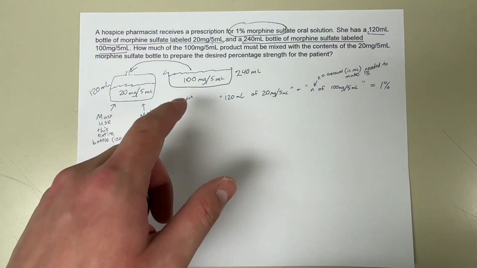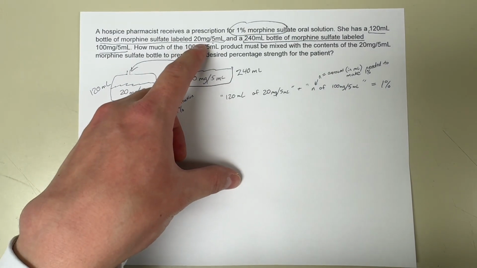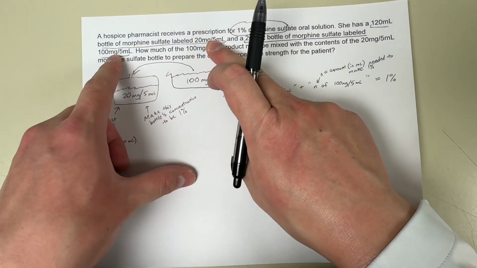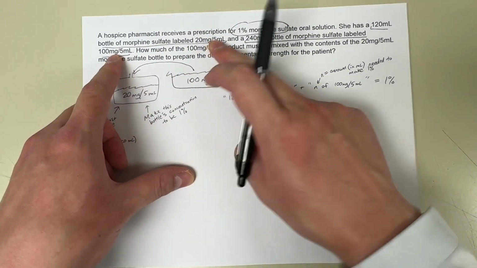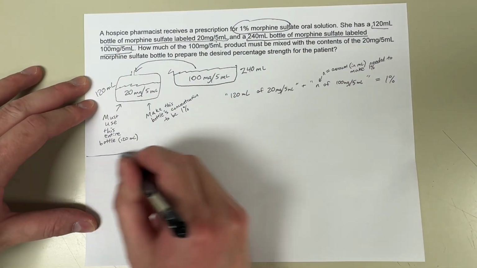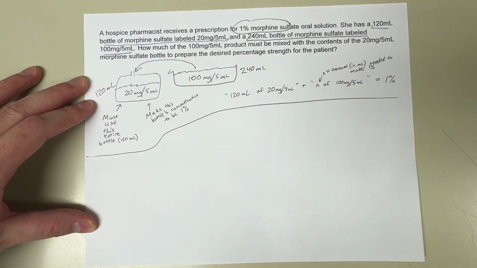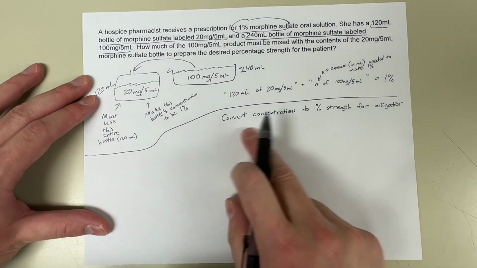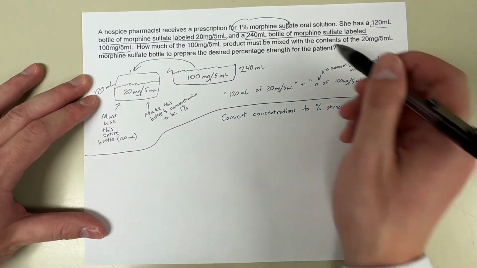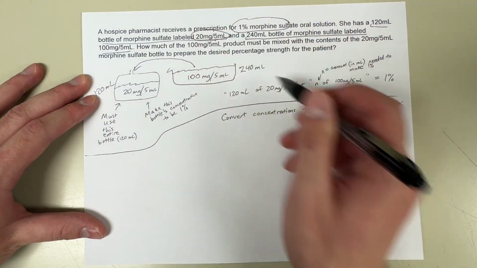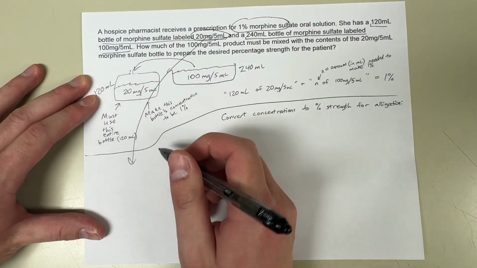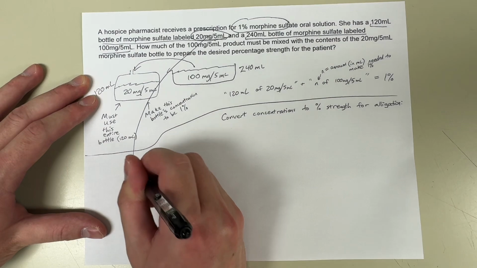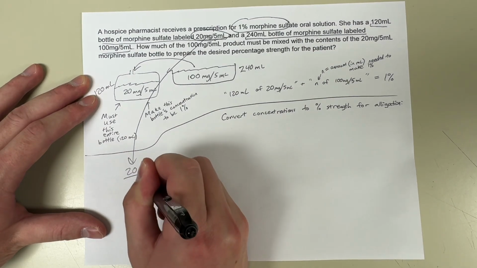Okay, so the next thing I'm going to do is convert both of these concentrations to percent strength so I can use the alligation method. The first one I'm going to do is this 20 milligram per 5 milliliter.